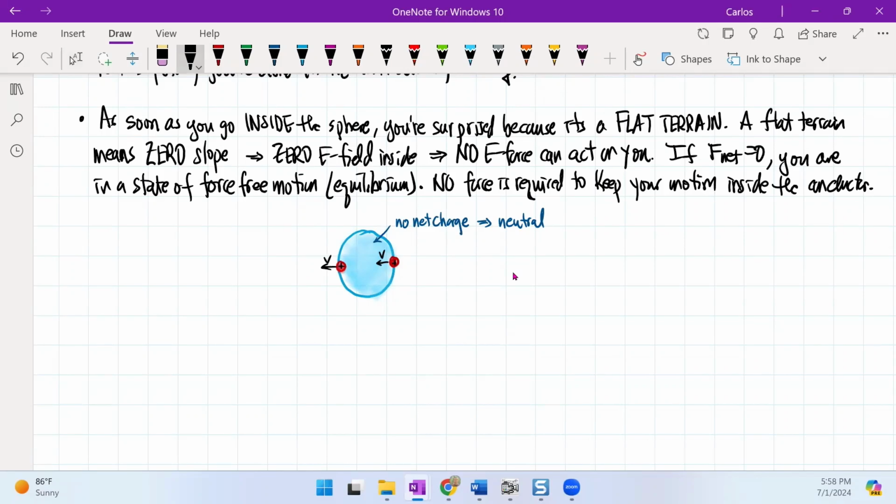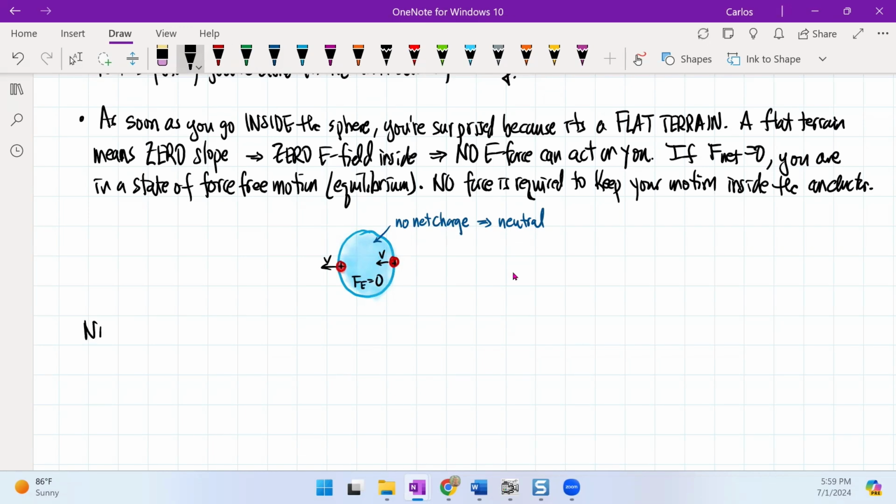There is no force to change the motion inside the sphere. In other words, the electric force inside is zero.